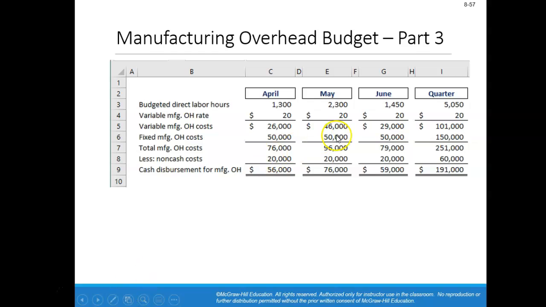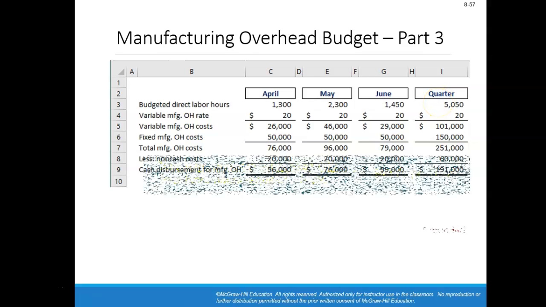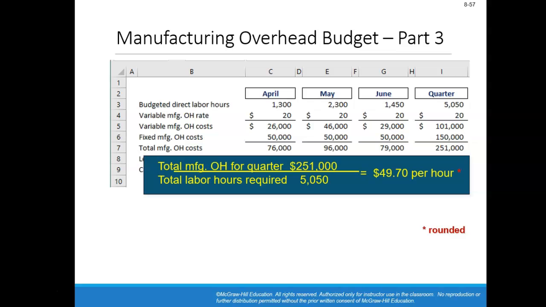So our total overhead cost for the quarter is $251,000, and that's based upon a total of 5,050 direct labor hours. So that means that our overhead cost is going to be at a rate of $49.70 per hour.